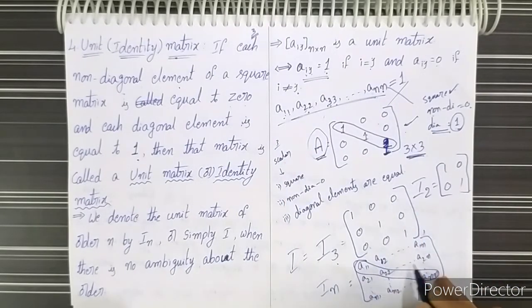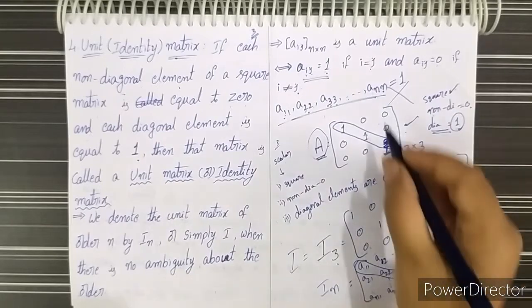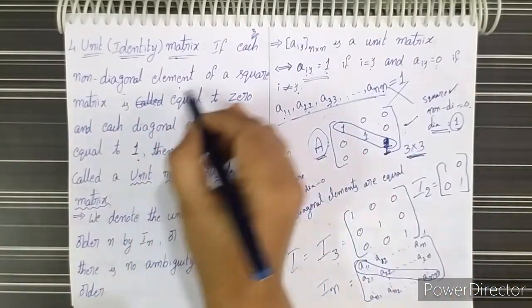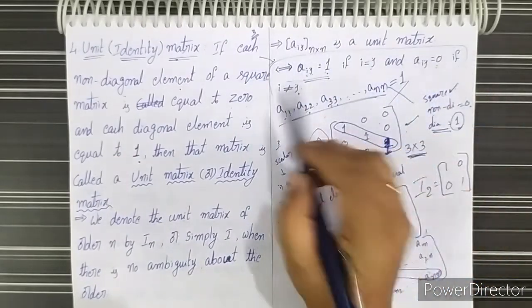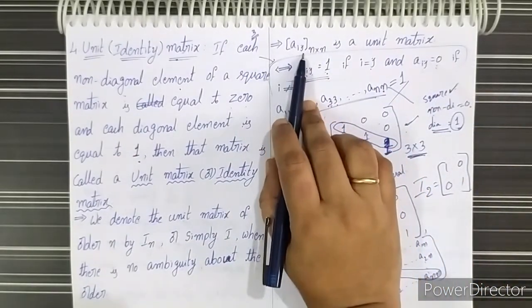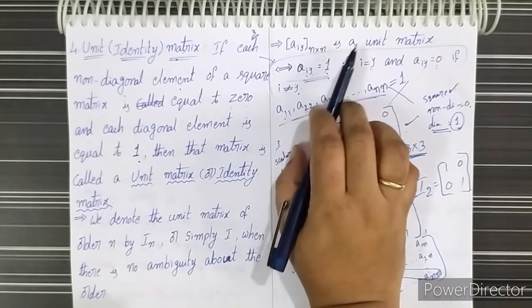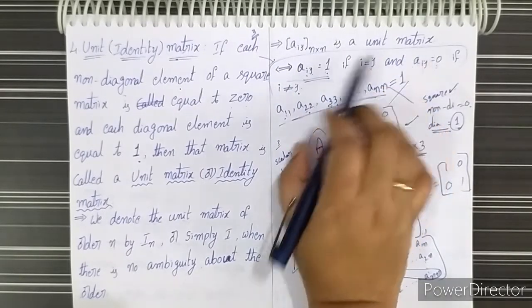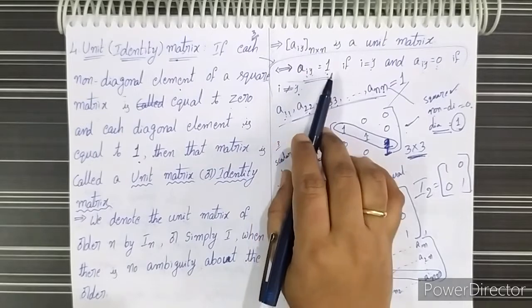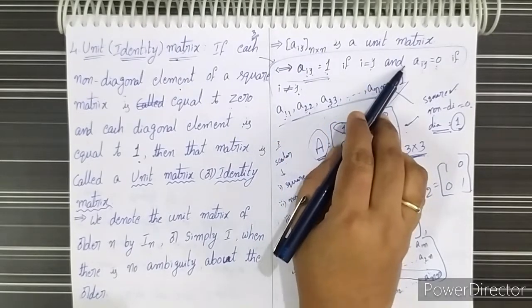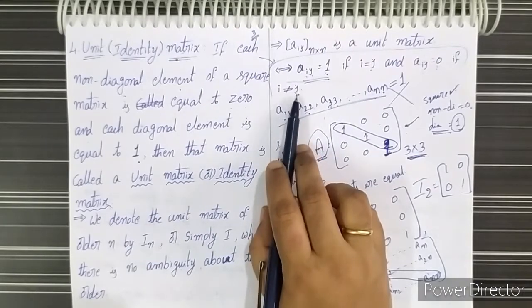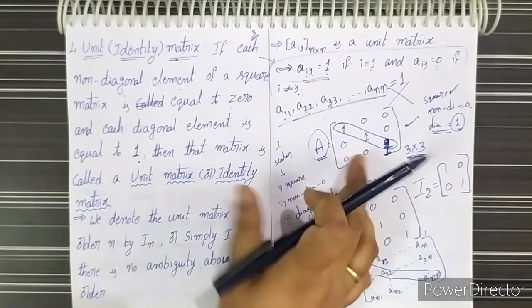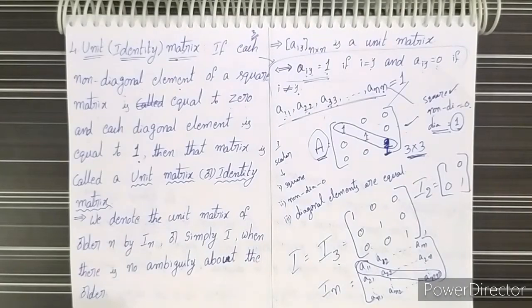If i is not equal to j, these are the non-diagonal elements, and the non-diagonal elements are equal to 0. The definition in simplified form is this: A of order n is called a unit matrix if and only if aij equals 1 if i equals j, and aij equals 0 if i is not equal to j. This is the unit matrix.